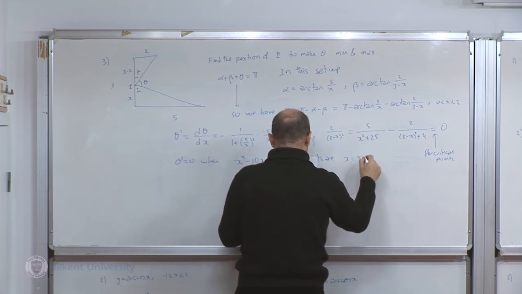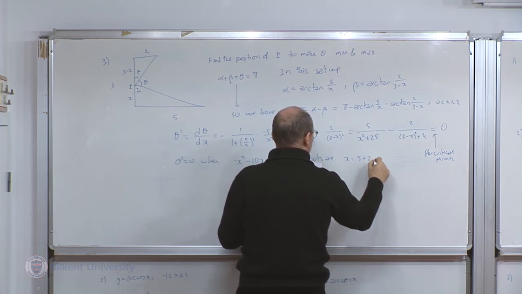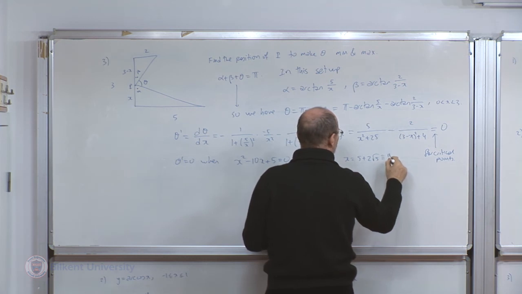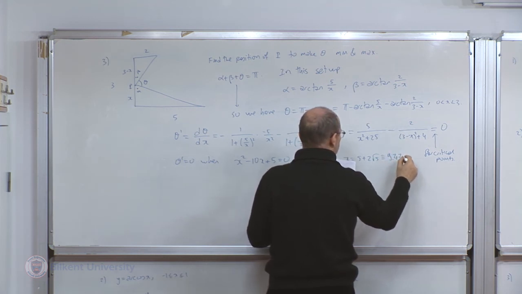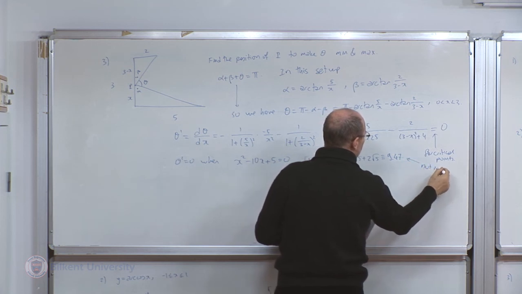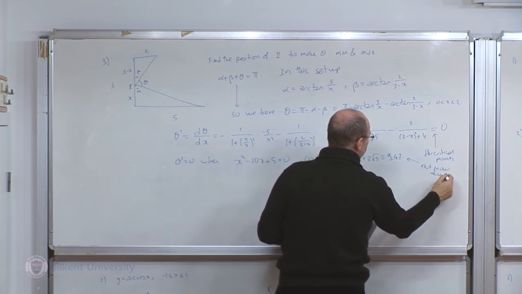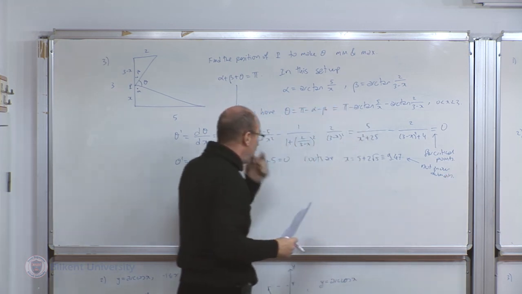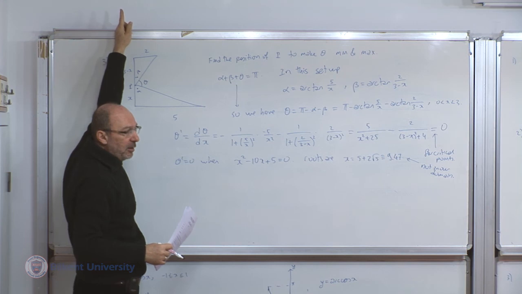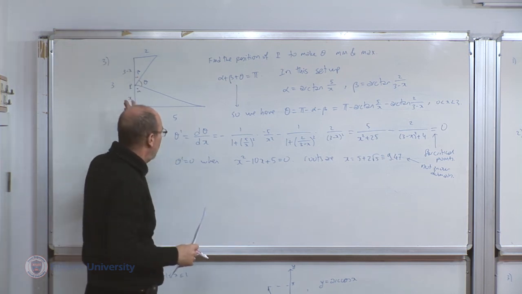5 plus, let me write first, plus 2 square root 5. So this is approximately equal to 9.47 something. So this is not in the range, not in our domain. That means if I take p away, there is a critical point, but we don't want that.